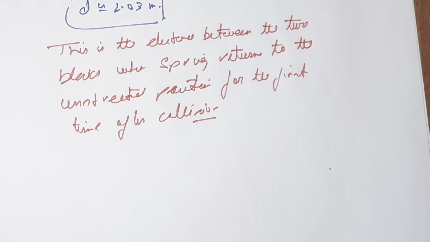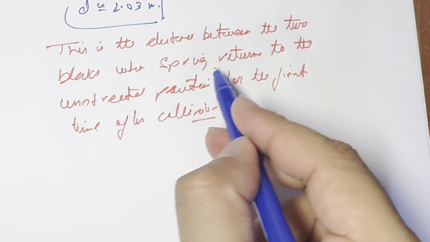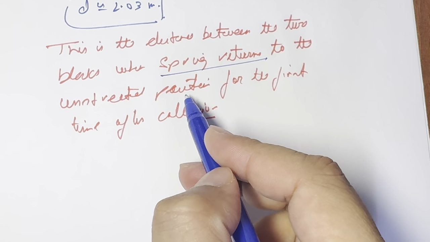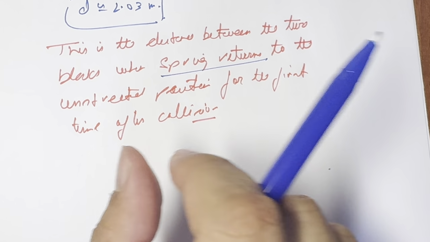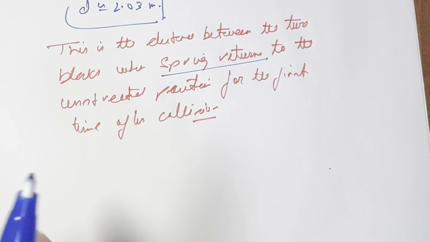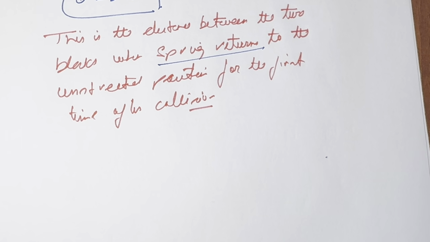Here the spring is said to be returning to the unstretched position, which basically means indirectly block B is returning to the unstretched position.